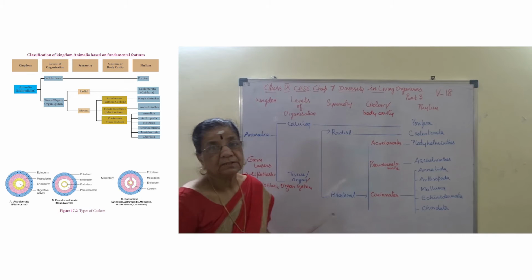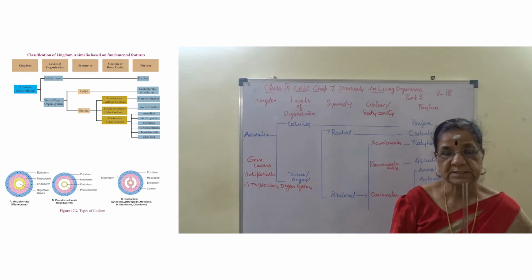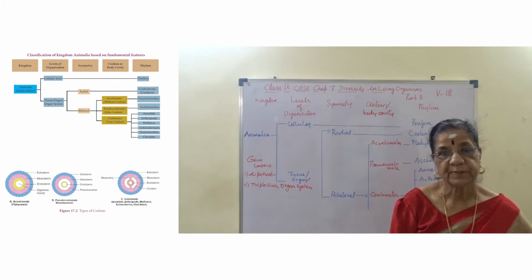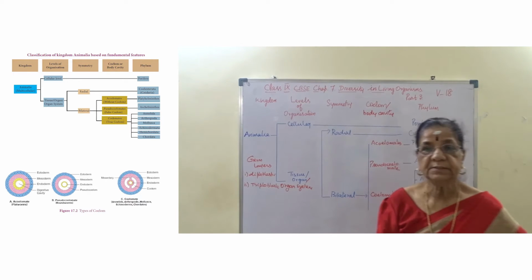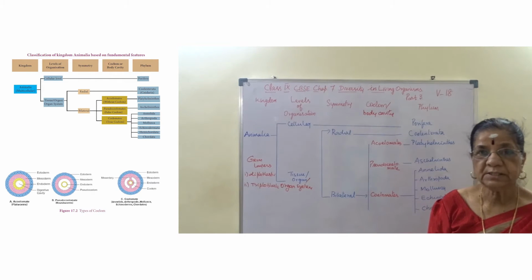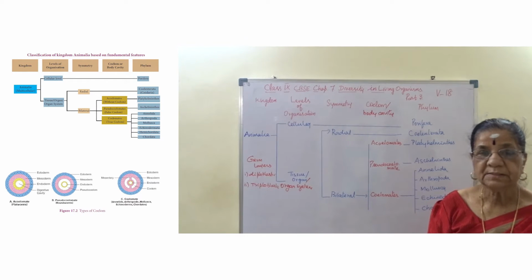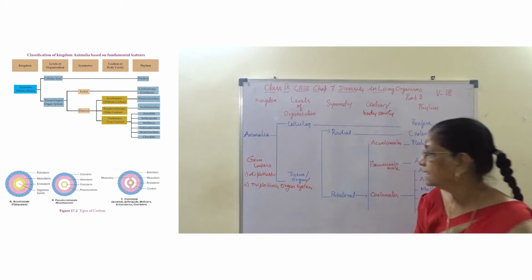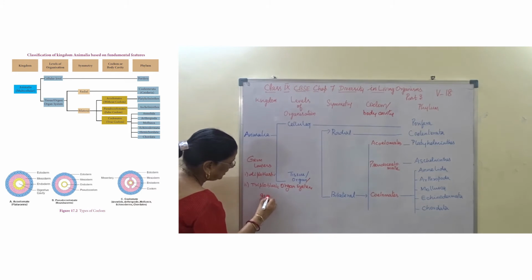When a zygote is formed as a result of fertilization, that zygote will undergo repeated divisions to form various changes and development. Finally, the resultant embryo is called a gastrula.